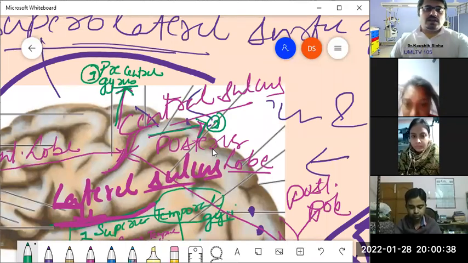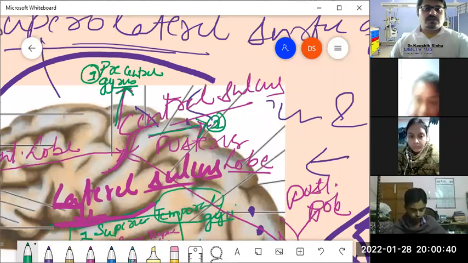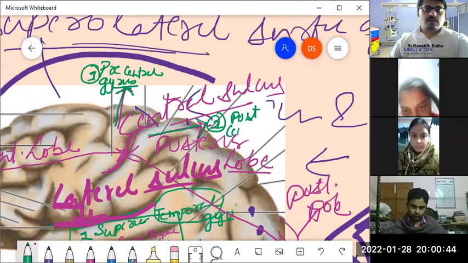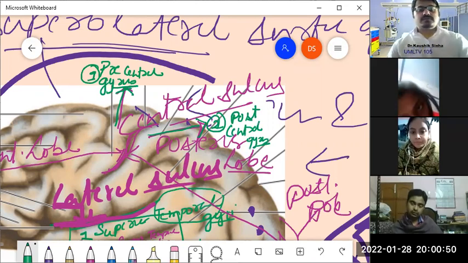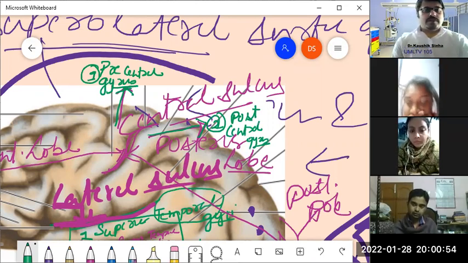And the other one out here is known as the post-central gyrus.